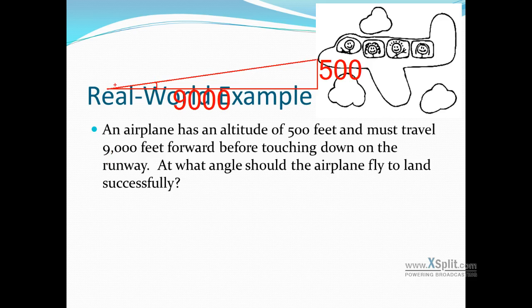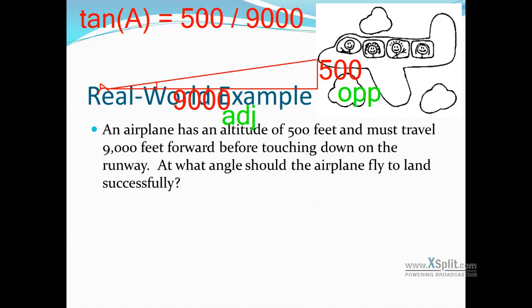Well, we don't know this angle. I'm going to just label it angle A. However, we do know the opposite side here. I'll switch over to green. We do know the opposite side. We do know the adjacent side. Opposite and adjacent signify we're going to use tangent. So I can write tan of angle A is equal to 500 over 9,000.